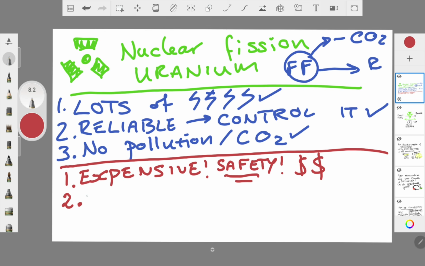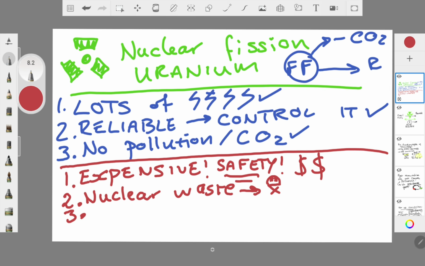Number 2, nuclear waste. This isn't a big one, but it is worth considering. The very small amount of nuclear waste they produce is very dangerous. And it won't be gone for a very, very long time. It stays dangerous for a long time. So we need to consider how much waste we're making and where we're storing it.